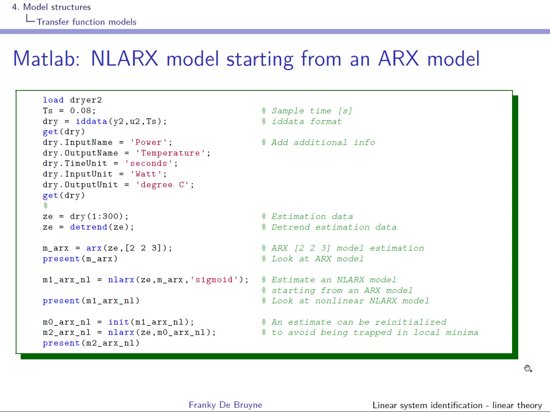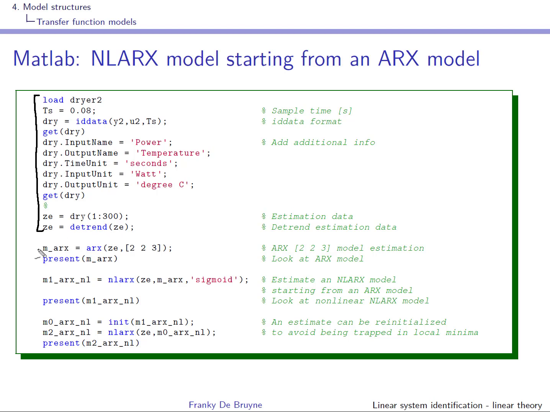So here are the commands that you can use in Matlab. The first part we have seen before, right? So when you do your work in the system identification lab, please use an object. It makes things simpler.